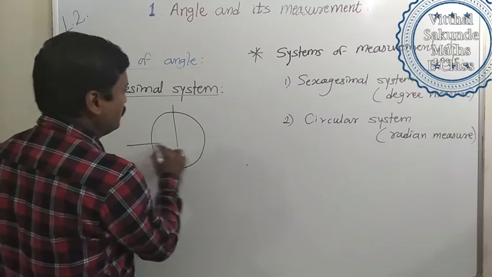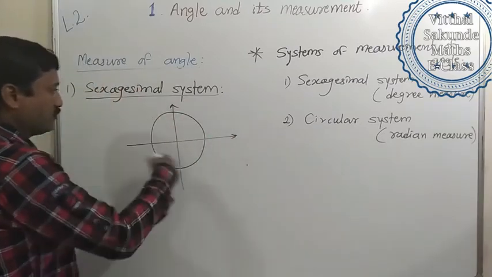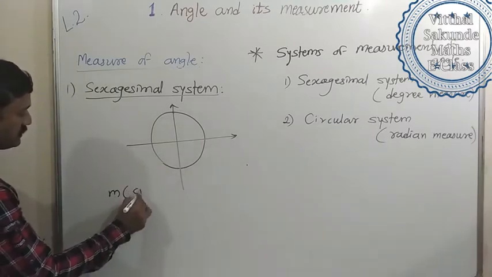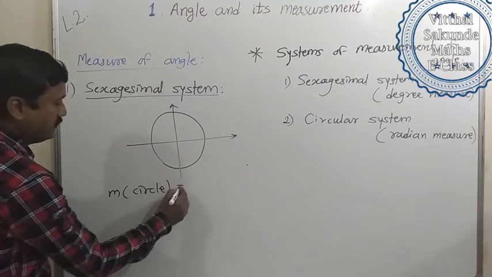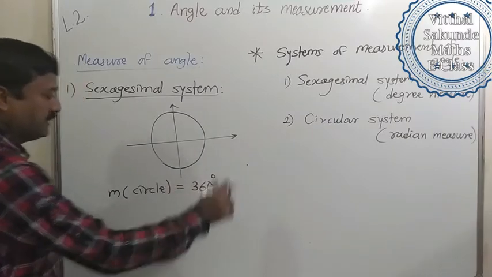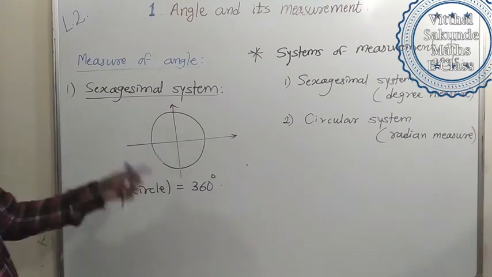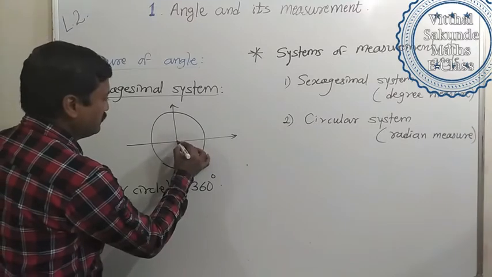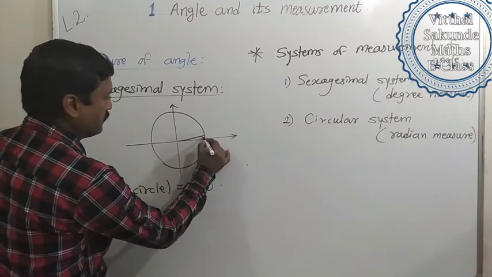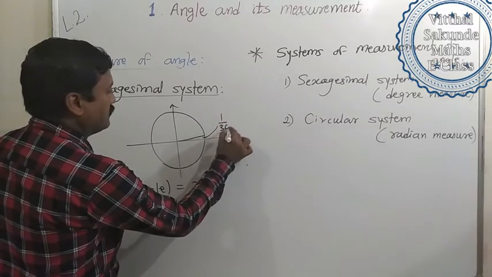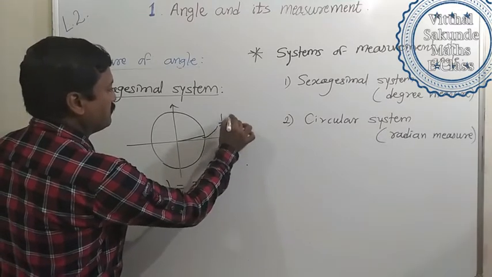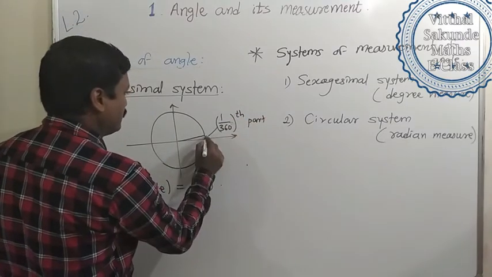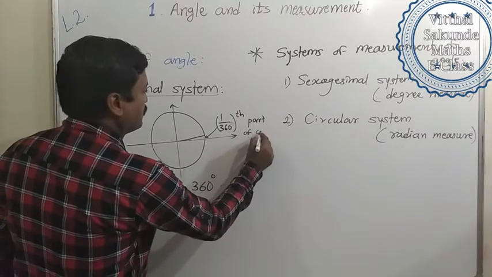The total measure of the circle is considered as 360 degrees.